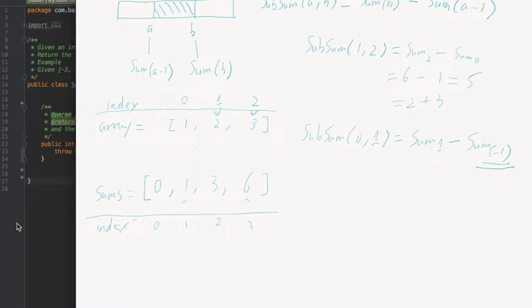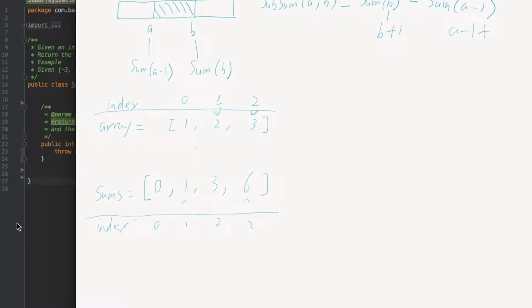So this equation has changed. For example, if we want to get the subsum of A and B, B becomes B plus 1, and A minus 1 plus 1 is basically A. So the equation has changed to sum B plus 1 minus sum A.